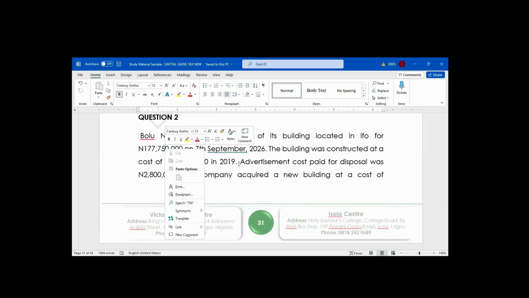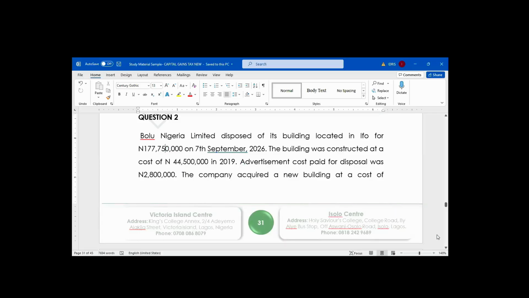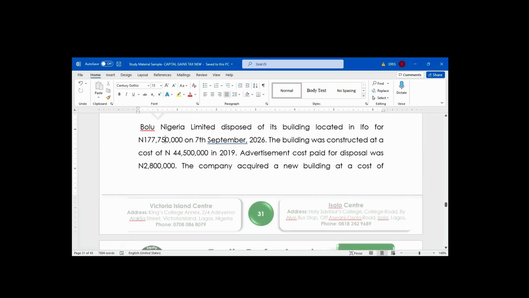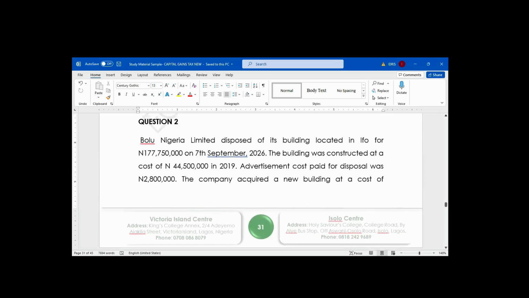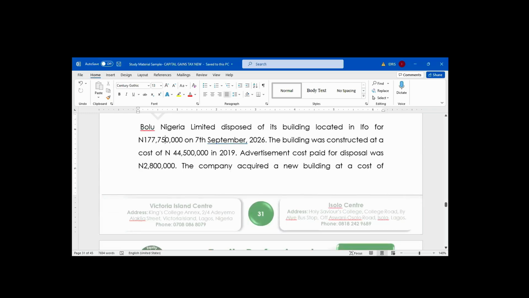Okay, that's fine. Let's read this question 2. Bolu Nigeria Limited disposed of its building located in Ifo for 177,750,000 on 7 September 2006. The building was constructed at a cost of 44,500,000 in 2019.